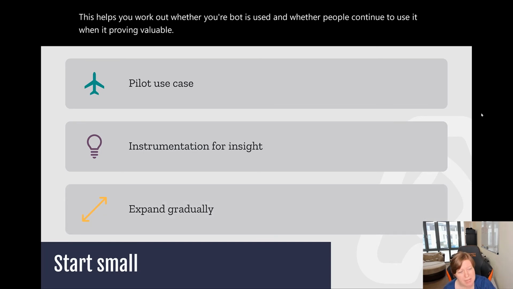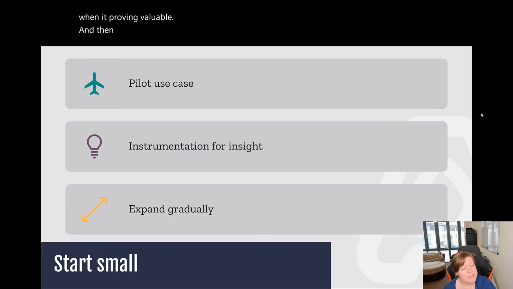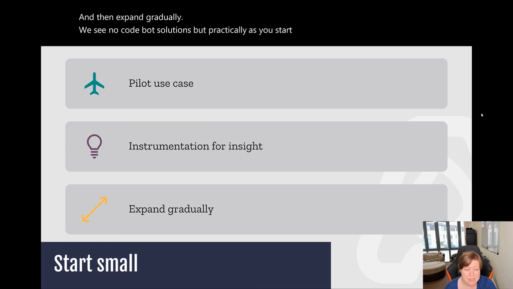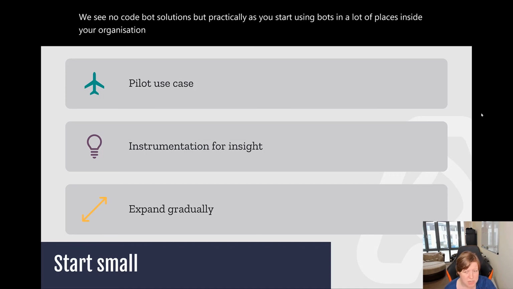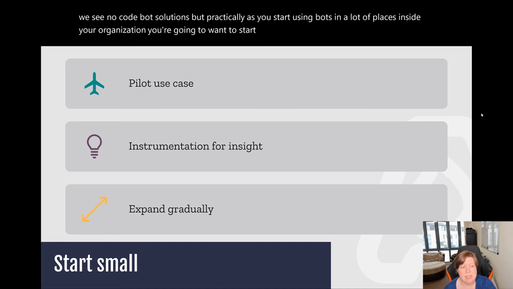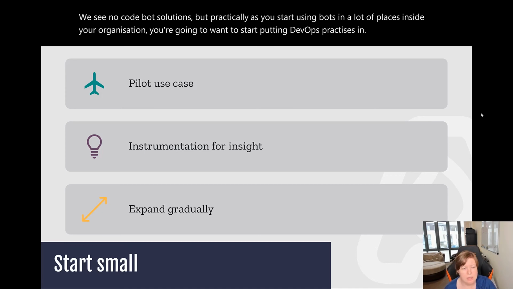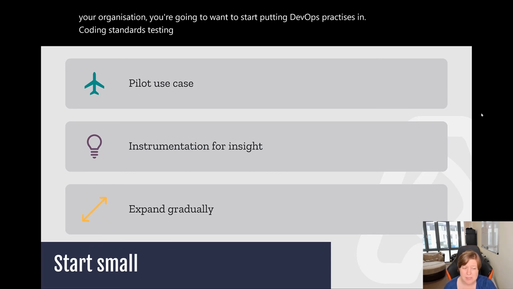And then expand gradually. We've seen no-code bot solutions, but practically, as you start using bots in a lot of places inside your organization, you're going to want to start putting DevOps practices in, coding standards, testing, and all of those things.